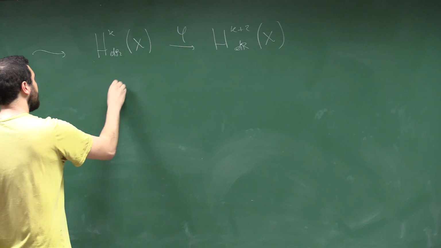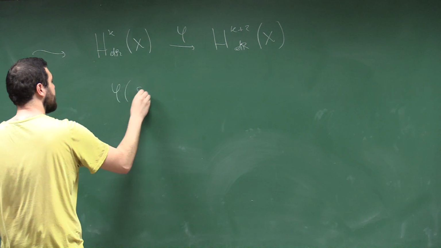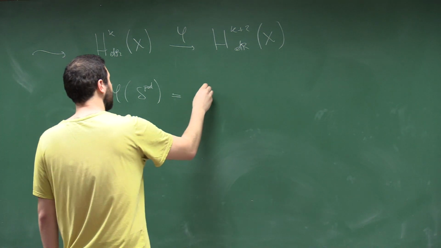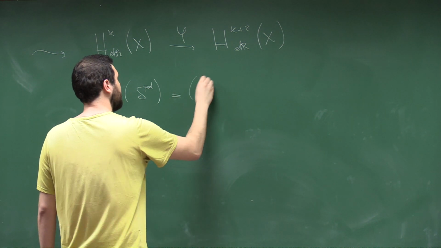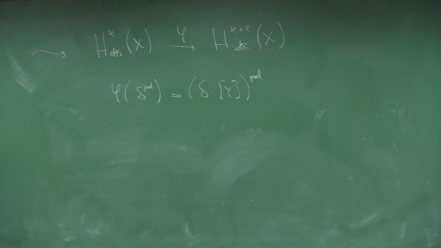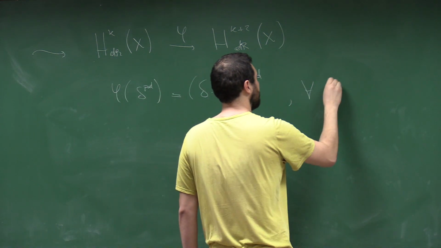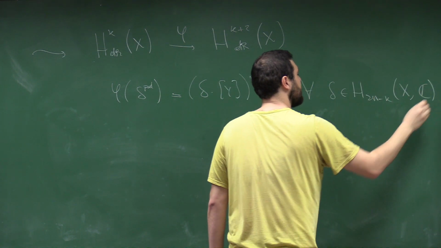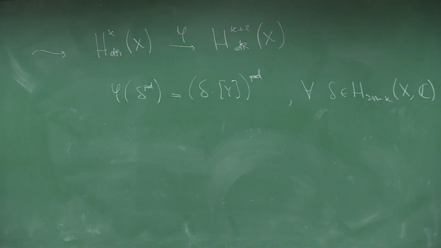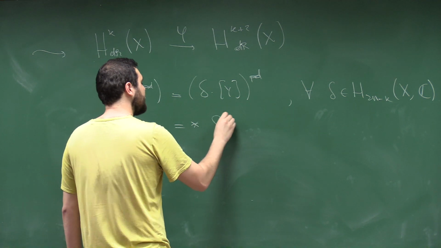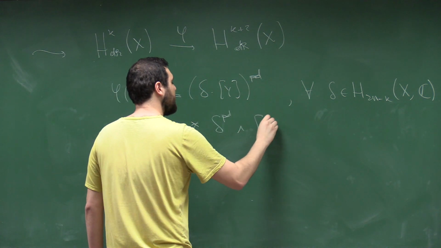By definition, phi of delta PD is the intersection of delta with y PD, for every delta in H_{n-k} of x with complex coefficients. This is the induced map, and this is a number times delta PD, the Poincaré dual of y.